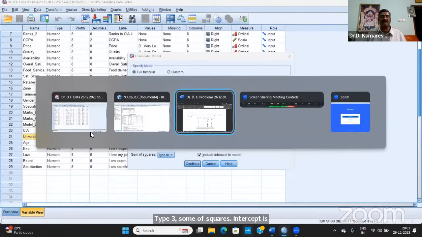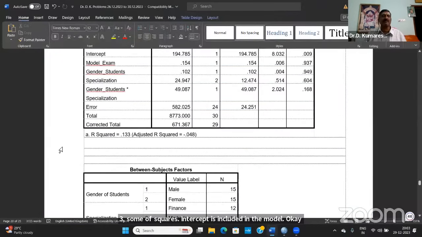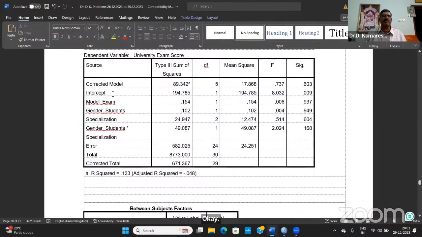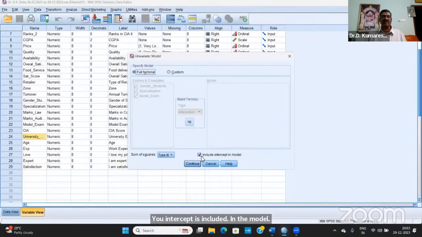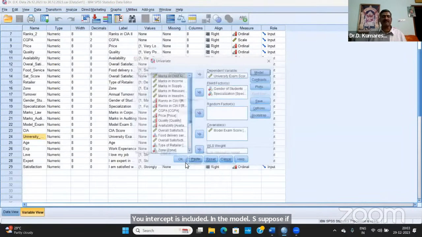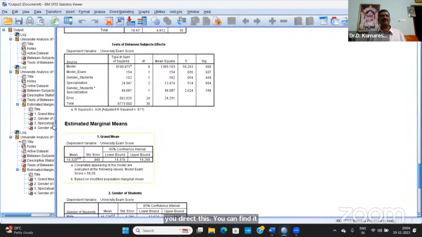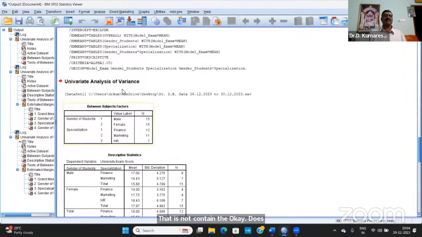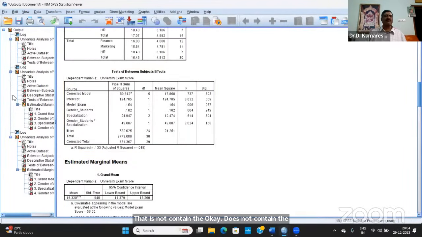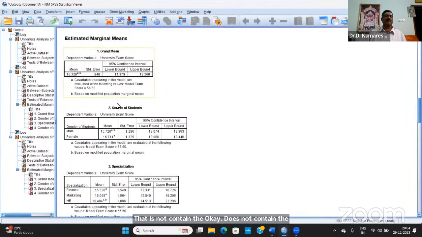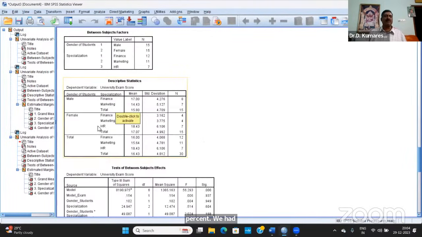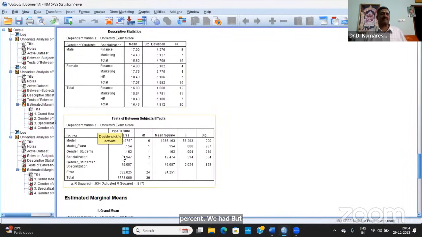Look at this. Intercept is included in the model. Suppose if we delete this, you can find it. The result does not contain the intercept. Here we had intercept, but now we have no intercept.